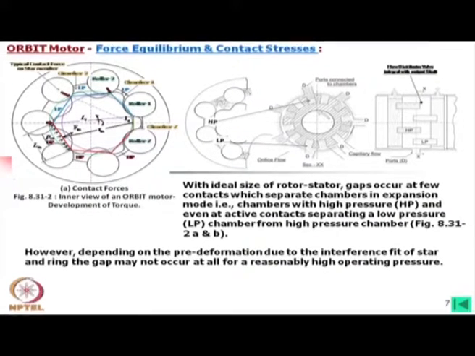But once it is assembled, there will be some small deformations. Now, with the increase in pressure, that deformation will gradually decrease, and at one point with higher pressure definitely there will be a gap. But we can design such machines so that up to the working pressure there will be no gap at the contacts.